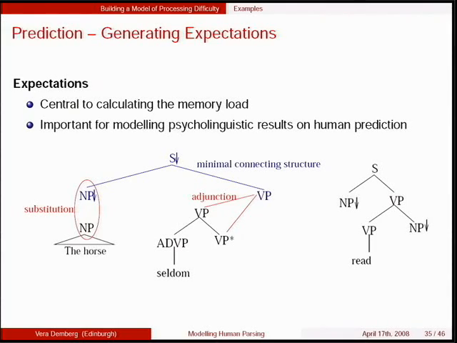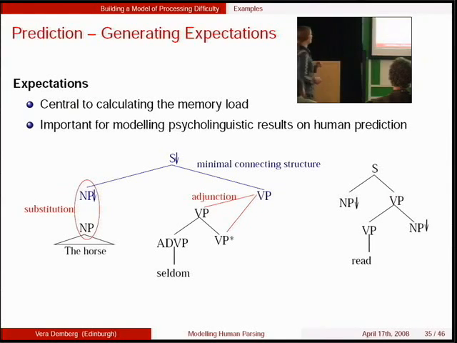For example, if we've seen "the horse seldom" so far, there's no way that we can connect the horse and this seldom tree together, right? They don't have any open slots or any matching categories. So if we don't add any additional functionality here, then we can't join them together.